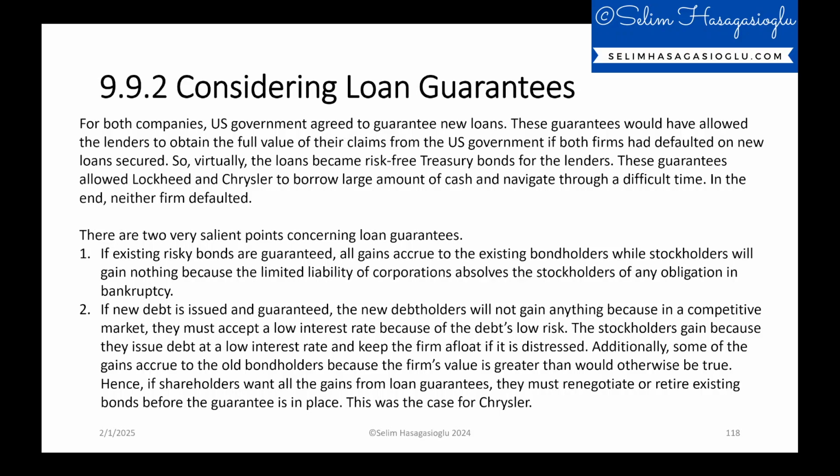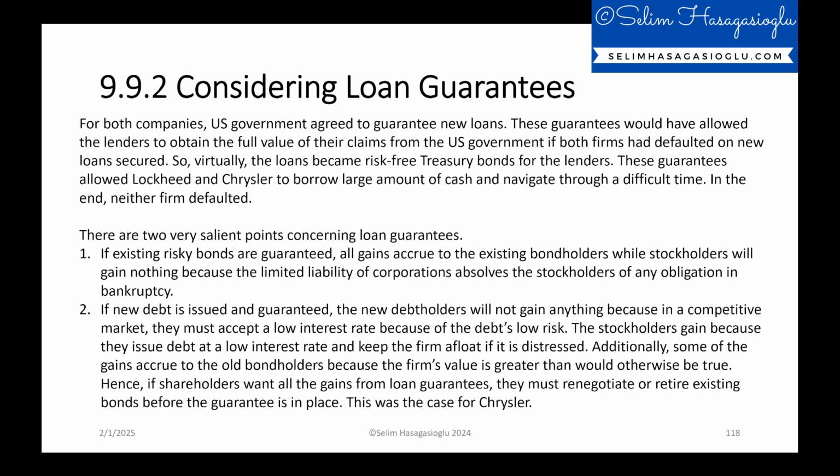These guarantees would have allowed the lenders to obtain the full value of their claims from the US government if both firms had defaulted on the new loans secured. So virtually the loans became risk-free treasury bonds for the lenders. These guarantees allowed Lockheed and Chrysler to borrow a large amount of cash and navigate through a difficult time. In the end, neither firm defaulted.